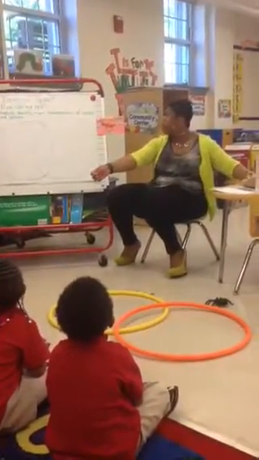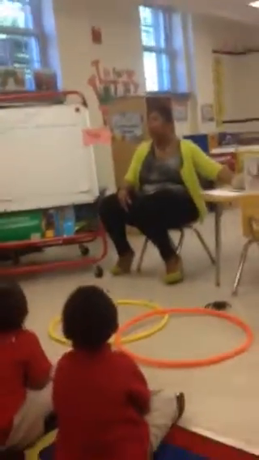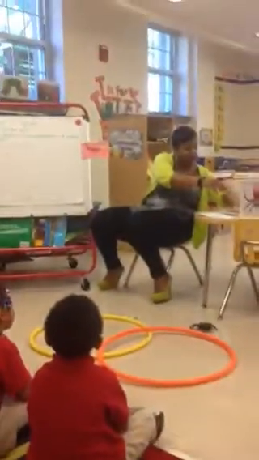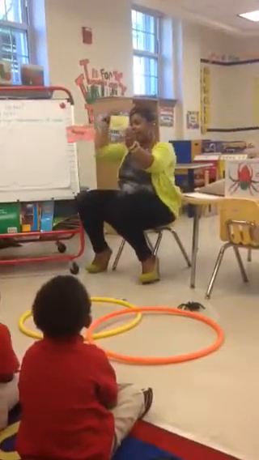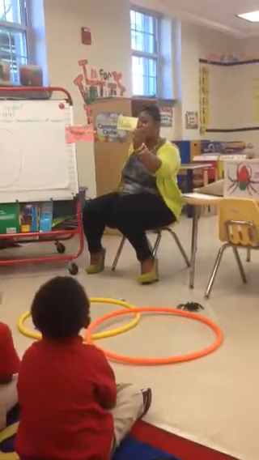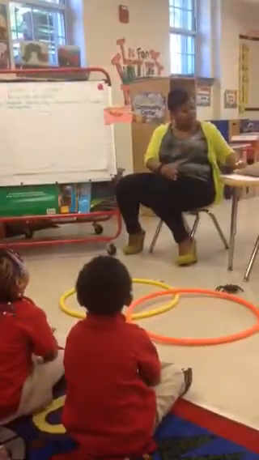All right, there's one more main body part of an insect that we didn't say. Let's see if this person remembers what it is. We said head, we said thorax, and what's the other part? The abdomen.